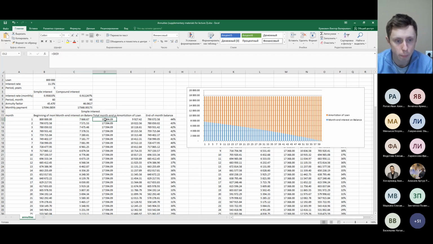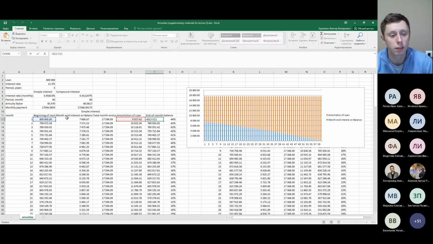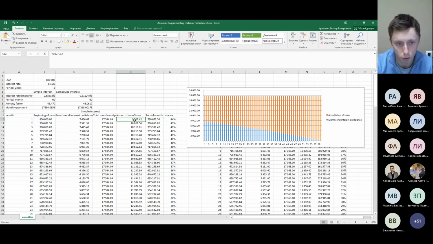So we pay this, and this part goes to cover the interest payment. The rest of the money is called amortization of the loan, and amortization of the loan is the part that reduces the residual amount that we owe to the bank. So the balance at the end of the month is the balance at the beginning of the month minus the amortization of the loan.